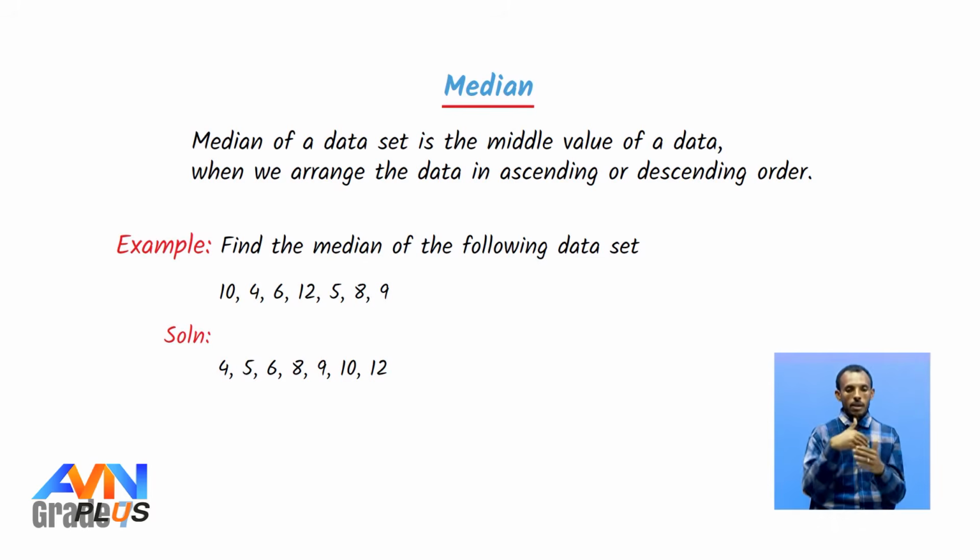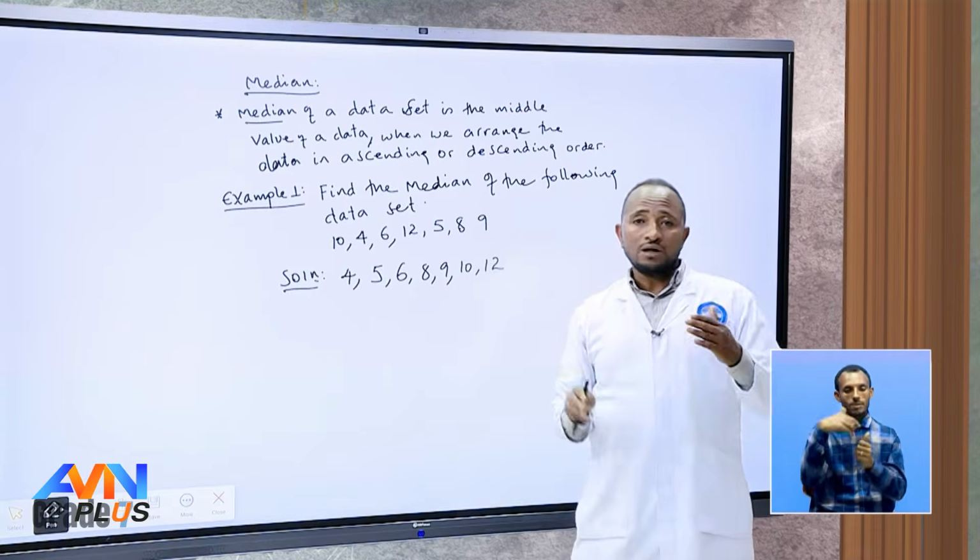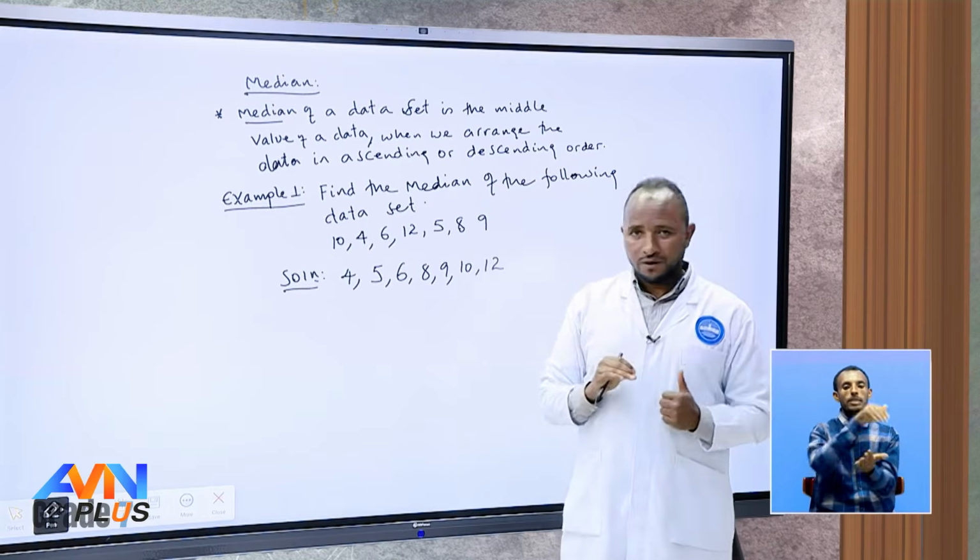Let's count it. We have 1, 2, 3, 4, 5, 6, 7 data. What number is remaining? 12. Okay, so we arranged this data set in ascending order. So we'll try to find the middle data here.